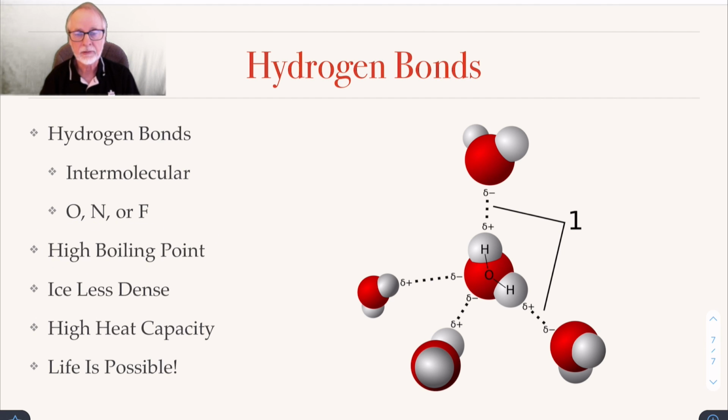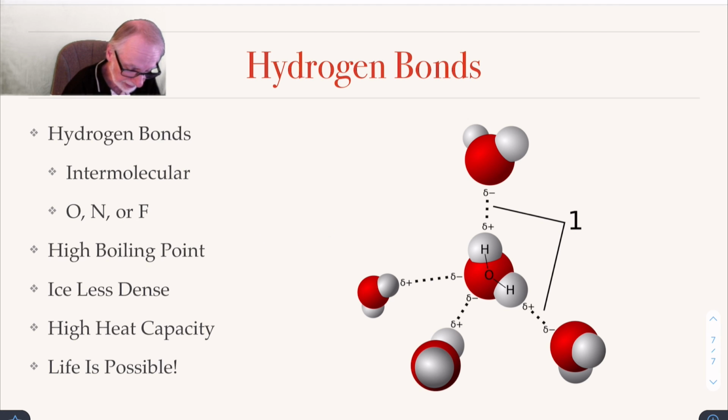Boiling point, remember, is the temperature at which a substance boils and goes from the liquid to the vapor phase. A strong attraction between the molecules is going to mean you need to put more energy into it to pull them apart when they go from the liquid to the vapor, right?